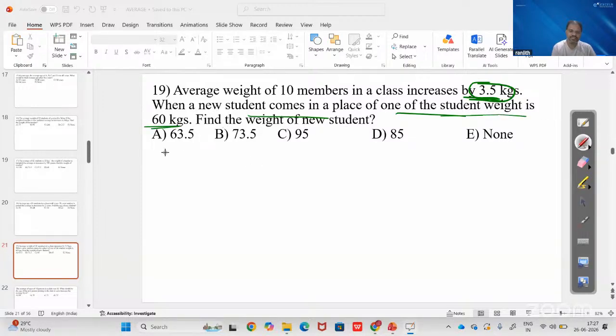So we are replacing one of the students' weight with another student's.